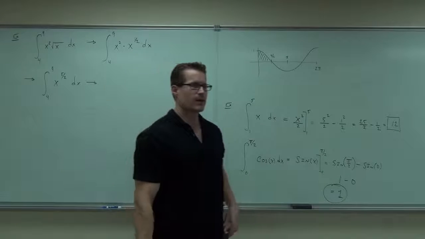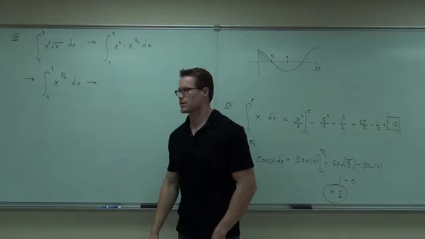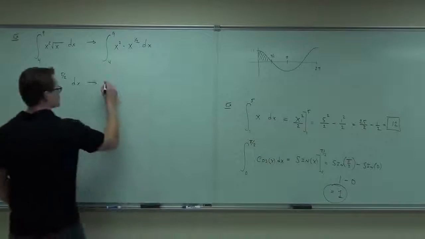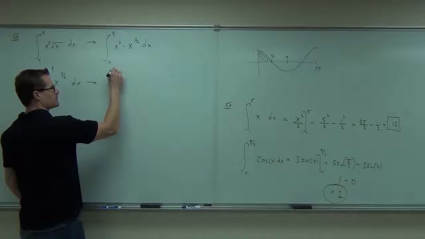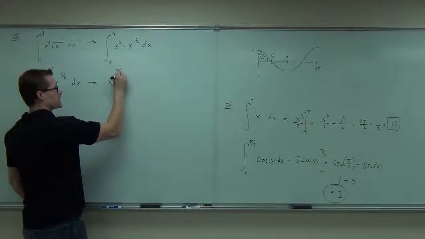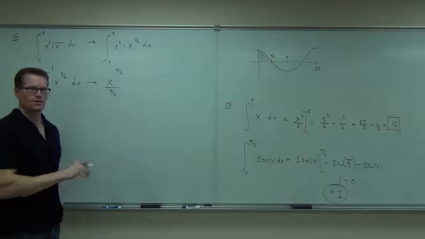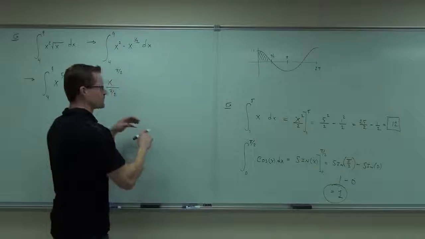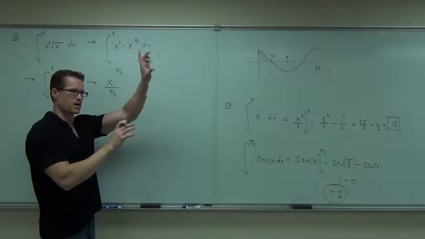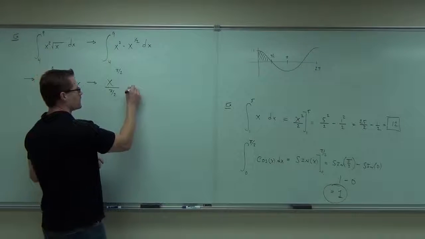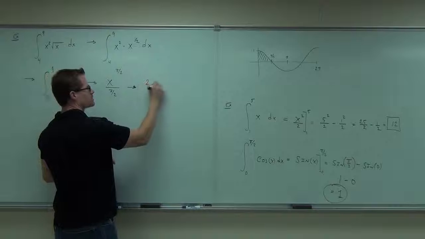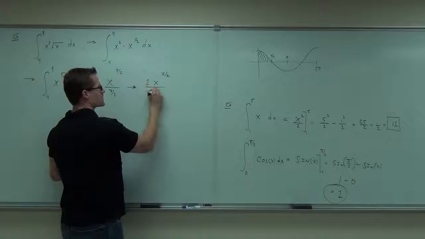Can you take an integral of x to the 5 halves? Very easily. This would be x to the 7 halves over 7 halves. Exponent up top, exponent on the bottom. Make it a little bit prettier: we're going to have 2x to the 7 halves over 7.